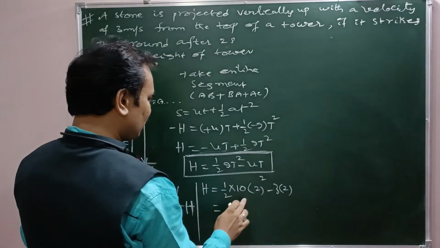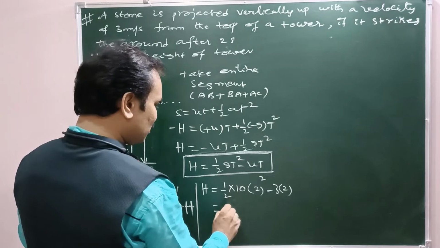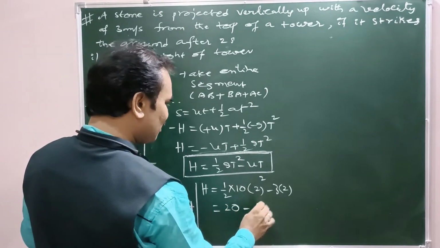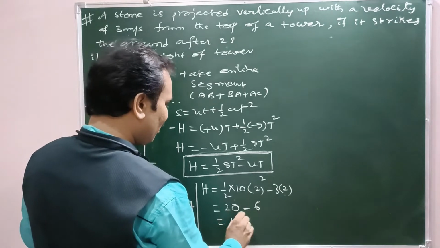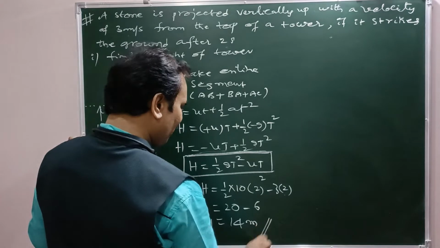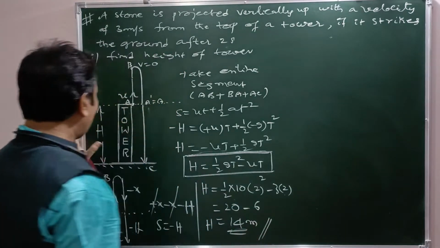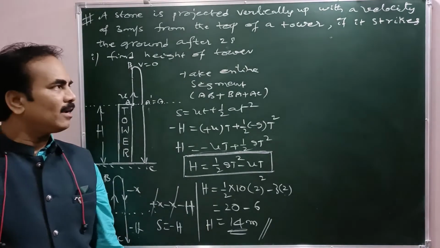That is 2 squared means 4, 4 by 2 means 2. 2 into 10 is 20, minus 3 into 2 is 6. That is 40 meters. H equal to 40 meters. This is the height of the tower. Height of the tower is 40 meters.